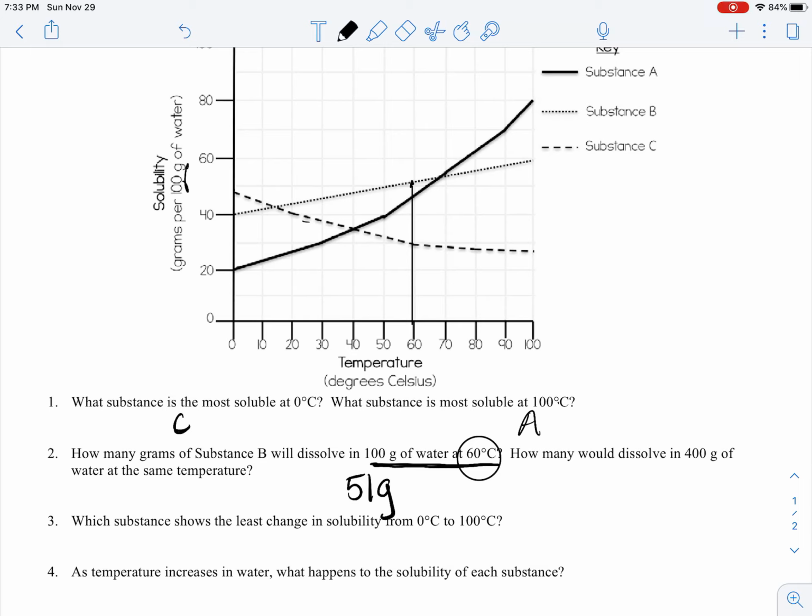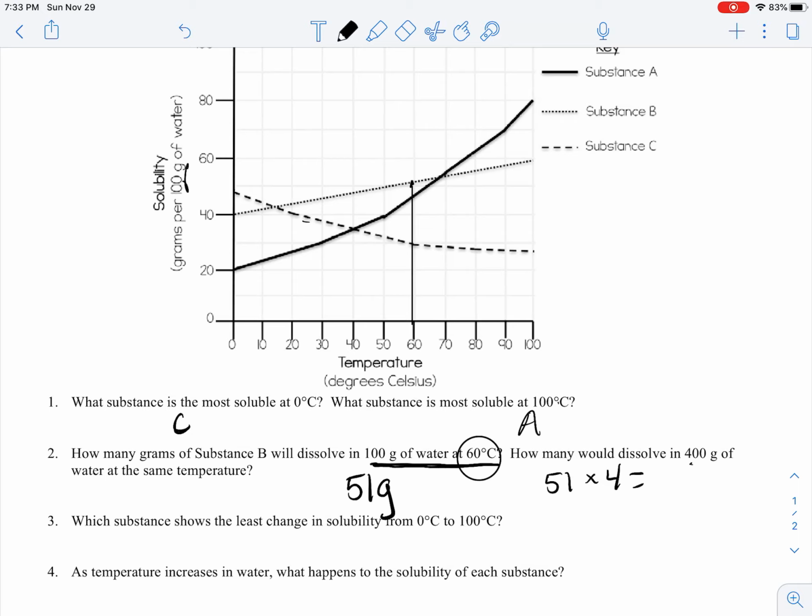Now, this question, you just have to do a little bit of math. It's super easy. If we're at the same temperature, if we have 400 grams of water, all you've got to do is multiply 51 times 4. Let me get out my calculator real quick.